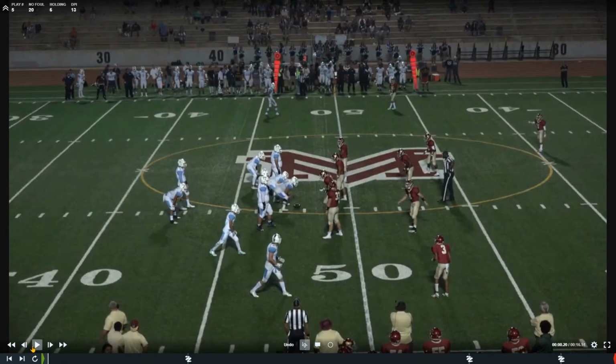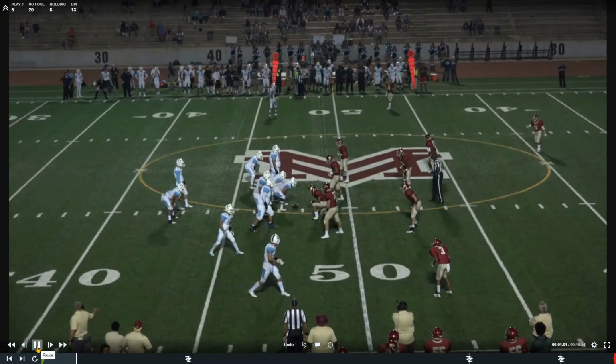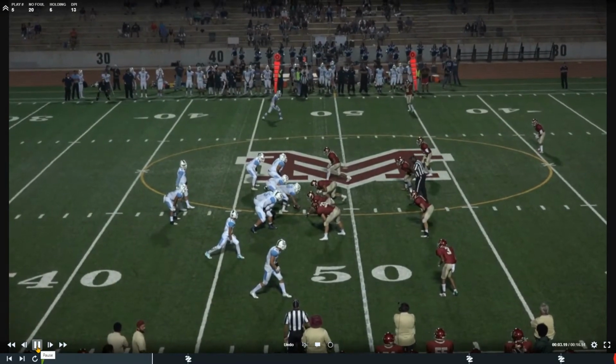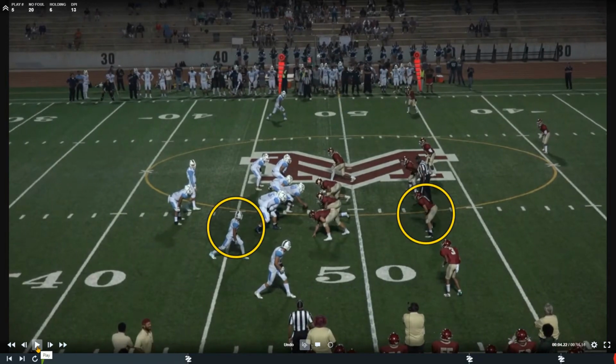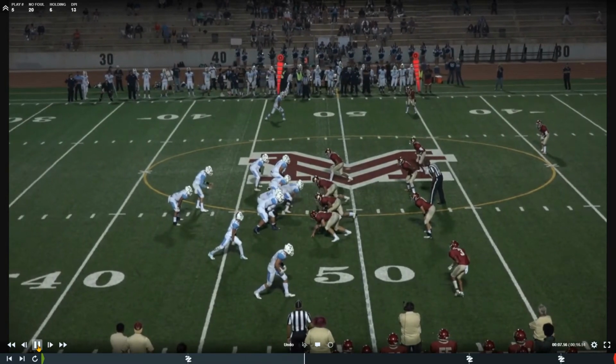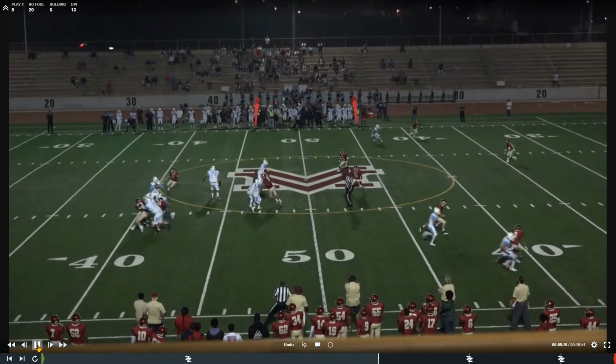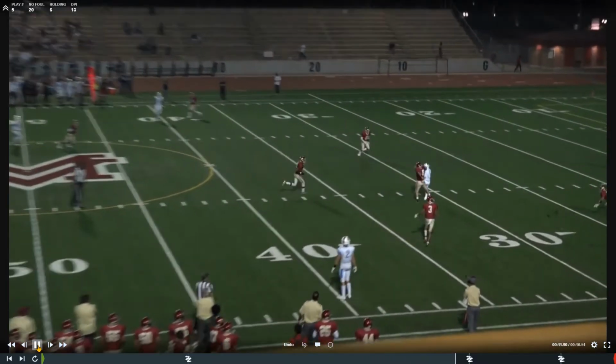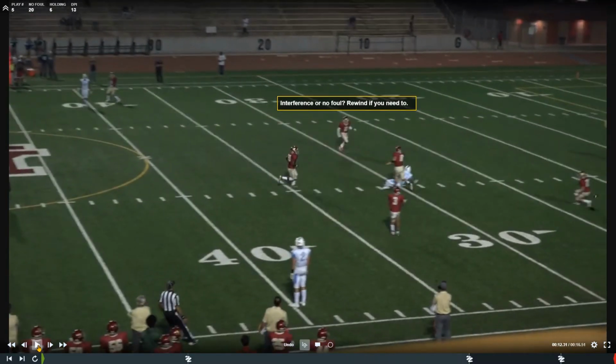Okay, next play. So keep your eye on the players that are going to be highlighted right here. I'll run it in real time. Okay, let's rewind.